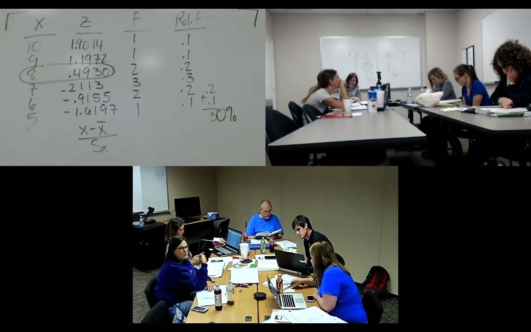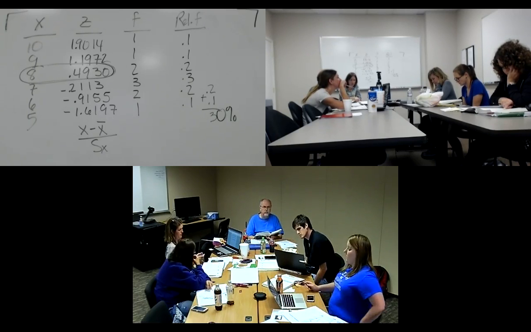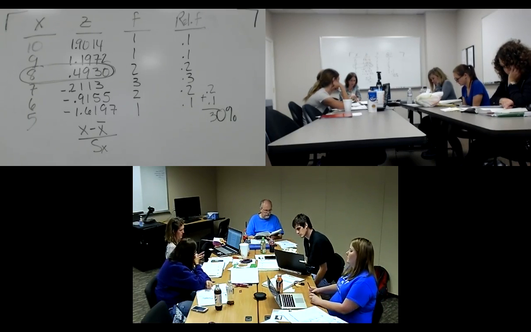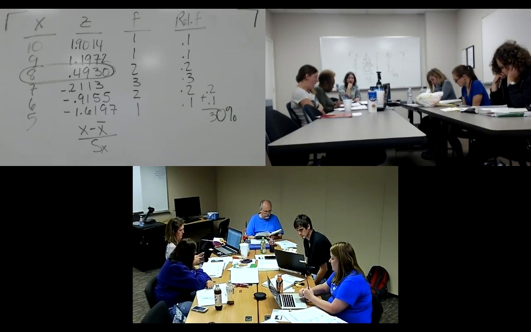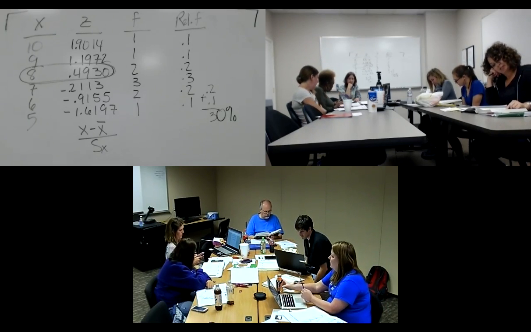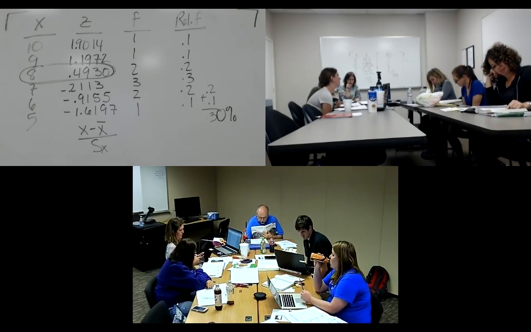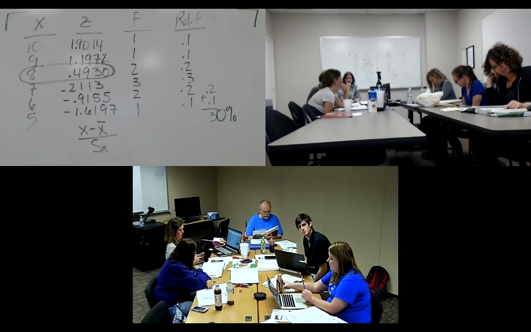So if you look at the little diagram up above, you've got your mean and your 1 z above and below. The area between the mean of 7.3 and an 8 is 0.1879. And then we've got 0.3121 out past that.